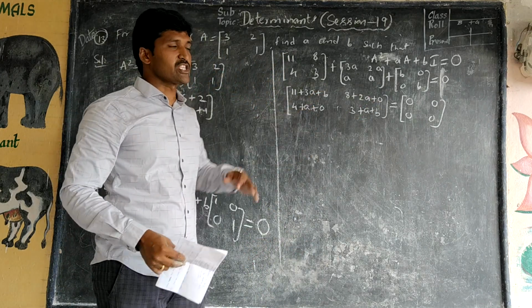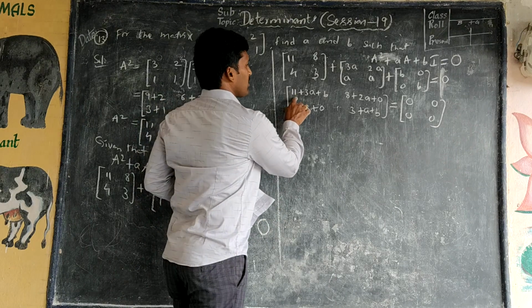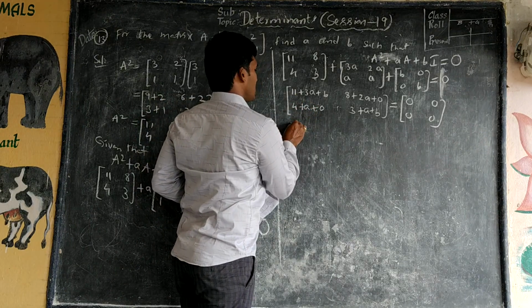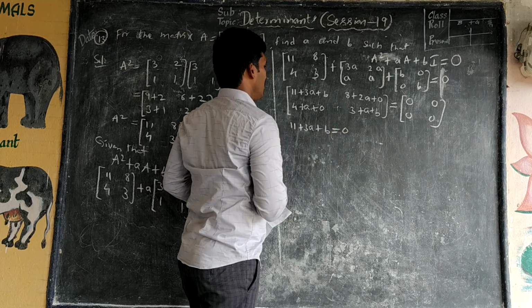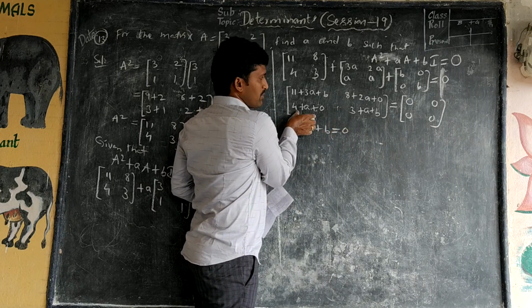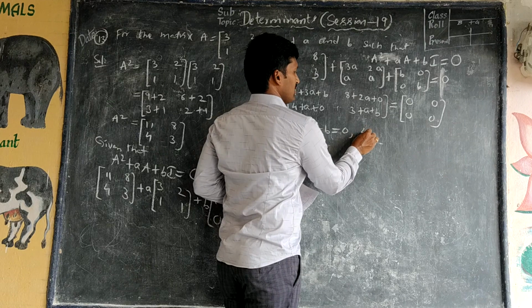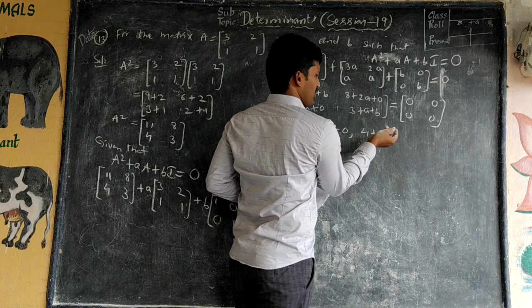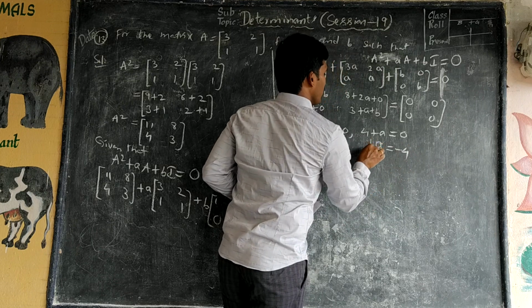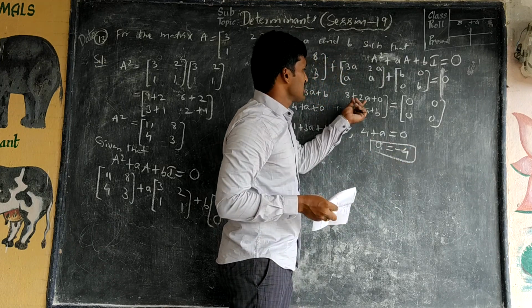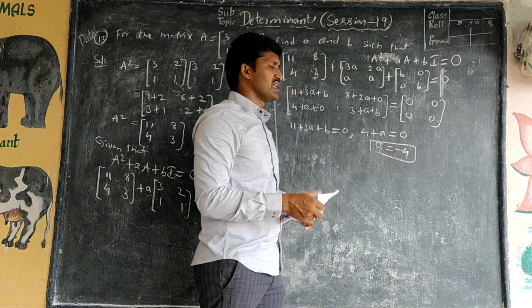When you compare the corresponding elements, for example, taking the first element: 11 plus 3a plus b equal to 0. For easy purpose, I will compare this element next to get the a value: 4 plus a plus 0 equal to 0. From this, how much a value will you get? Minus 4. If you compare here also, the a value is minus 4 only, no change.